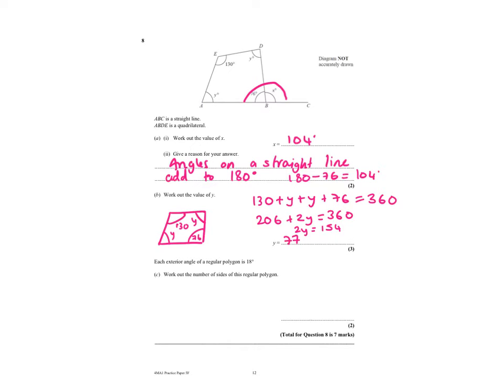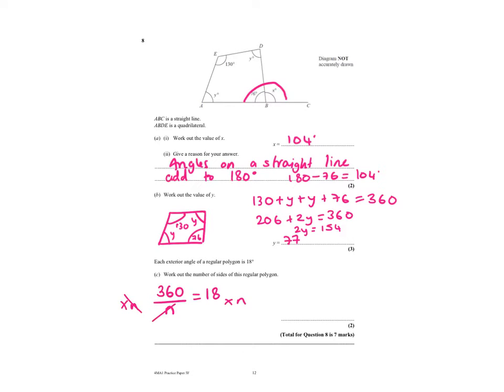Part C. Each exterior angle of a regular polygon is 18 degrees. Work out the number of sides of this polygon. We know exterior angles add to 360. So 360 divided by the number of sides is going to give us 18. So we need to rearrange now to find what n is. So I'm going to multiply both sides by n.